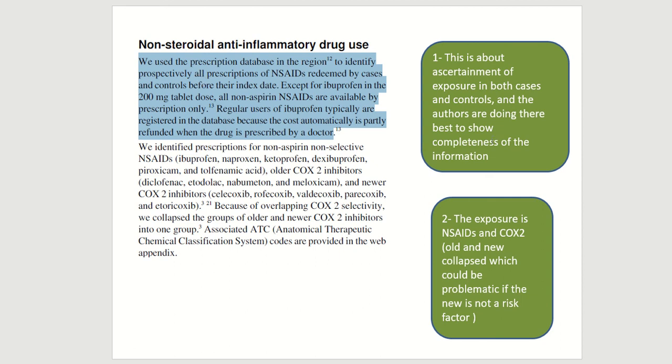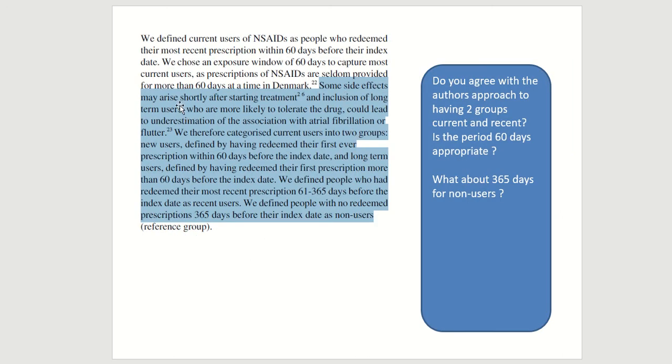All right, now, so the exposure is NSAID and COX-2. Collapsing the new could be problematic if the new is not a risk factor. Let's continue. Some side effects may arise shortly after starting treatment, and an inclusion of long-term users who are more likely to tolerate the drug could lead to underestimation of the association with AFib or flutter.